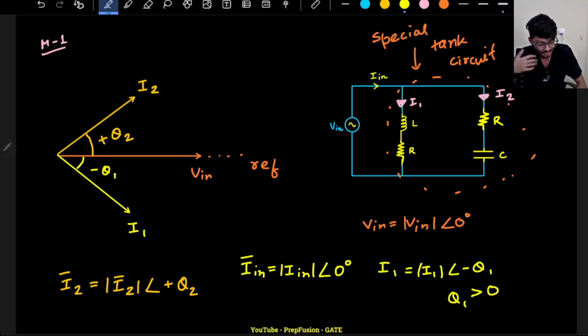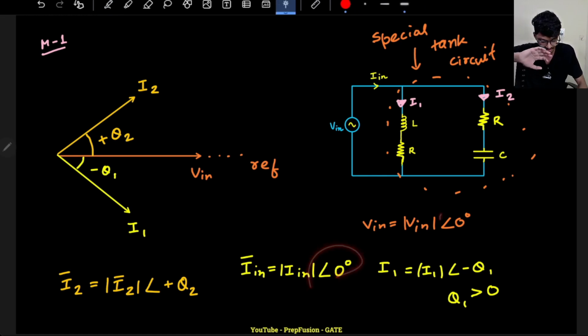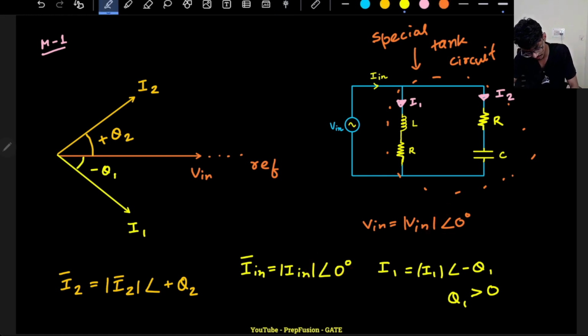Because the circuit is in resonance, the current and voltage will not have any phase difference. So I in will also be lying here only.